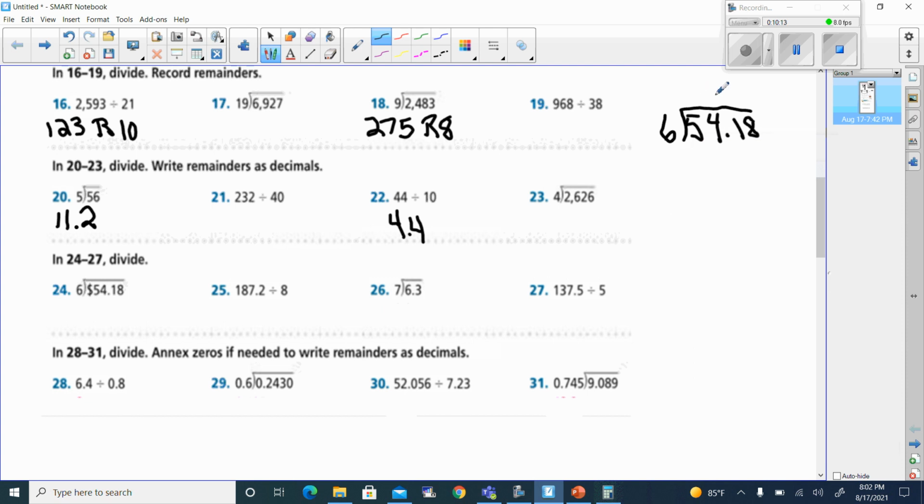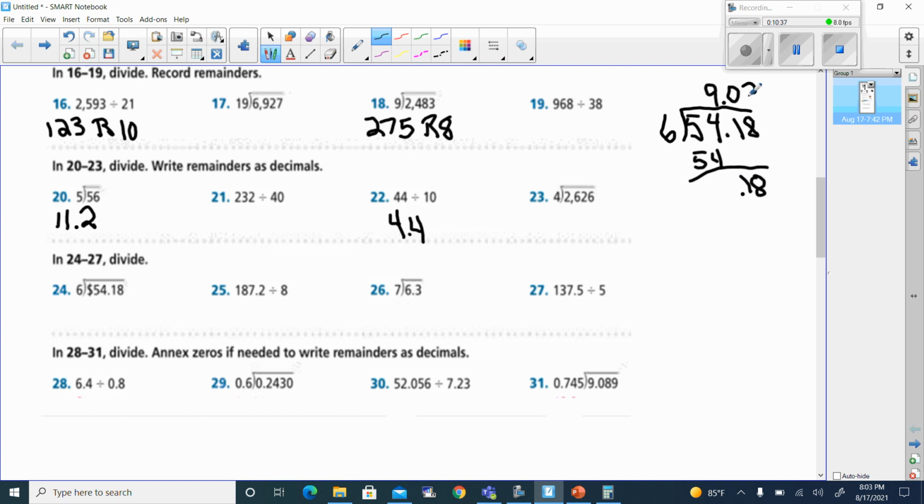So we can put a 9 over here, put our 54 underneath, and that's going to leave us 0.18. The reason it gave us a tricky one like this is because 6 doesn't go into 1. So you have to remember to put that decimal there and a 0 for that spot where nothing goes. Now, how many times does 6 go into 18?